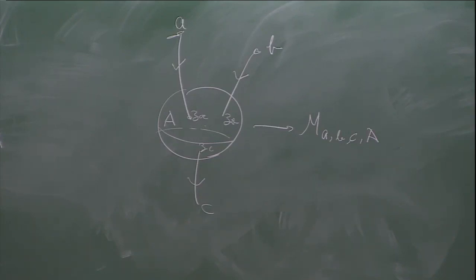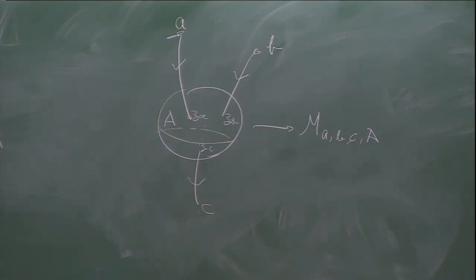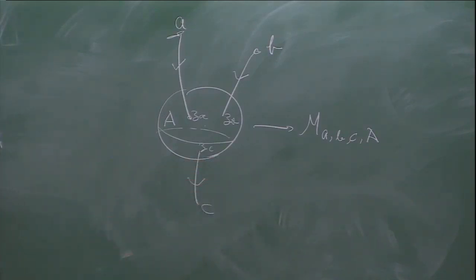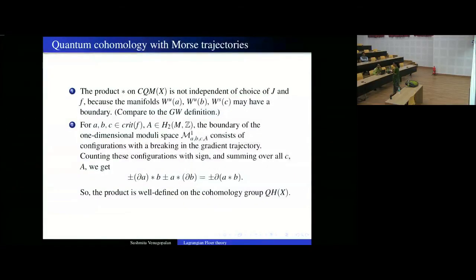We don't have to worry about sphere bubbling, and we don't have a Lagrangian boundary. So what else do we have? If you have a sequence of such configurations, what can you possibly get in the limit? Nothing can go wrong with the sphere. The limit of the sphere is going to be a sphere, because sphere bubbling is a codimension 2 phenomenon.